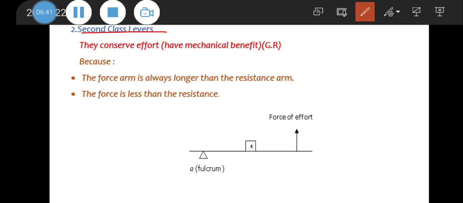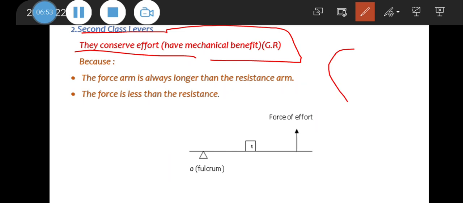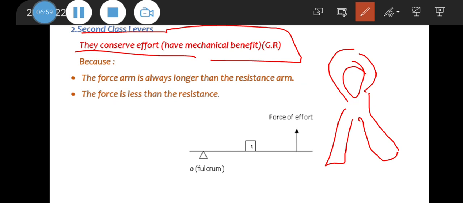Second class levers always conserve effort. Why? Because in all cases, if we draw an example of a second class lever, like the nutcracker, this is the image of the nutcracker.